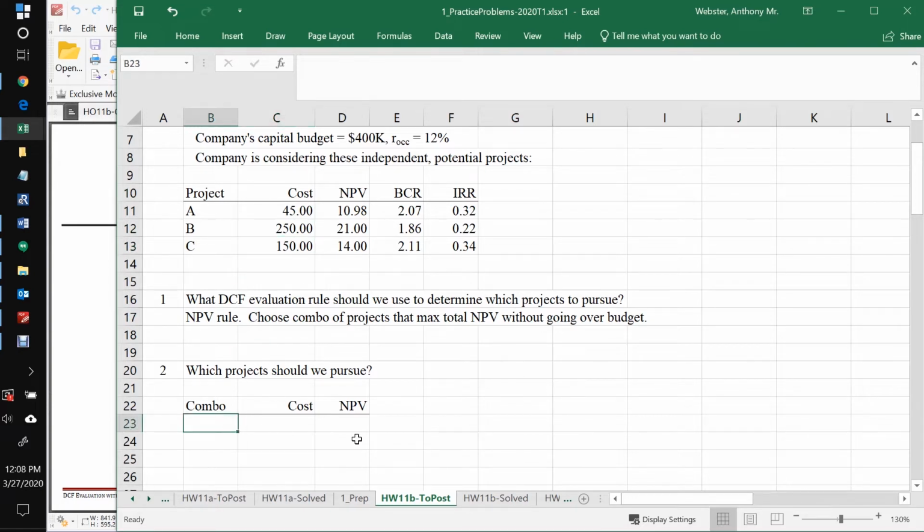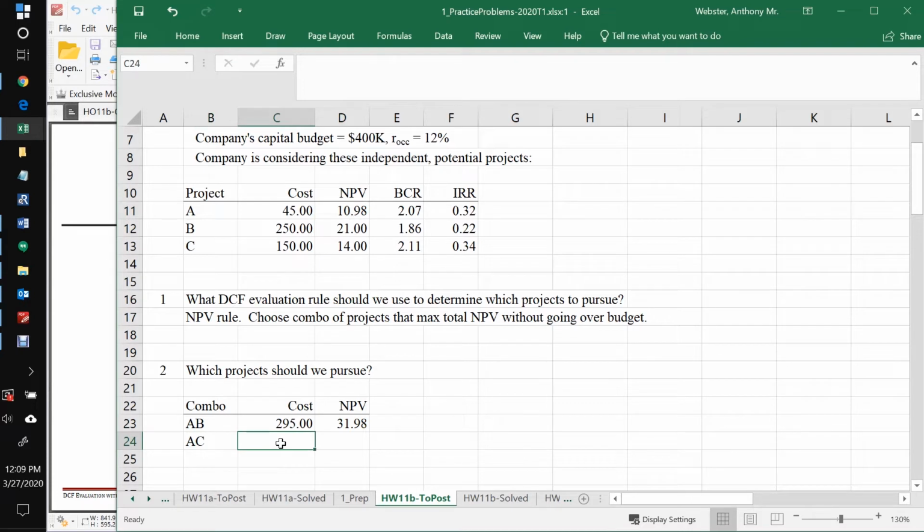So let's start putting in some combos here. So let's say AB, and the total cost is going to be equal to, for A and B, the cost of A plus the cost of B, okay? And the total NPV is just going to be the sum of these two NPVs. All right, so we also said we could do A and C, okay?